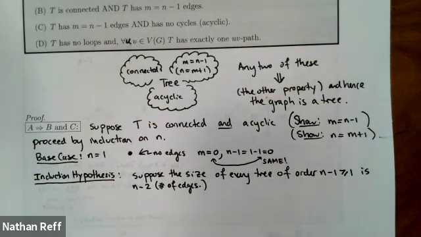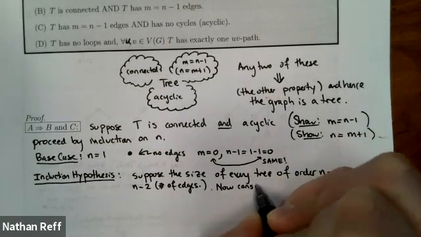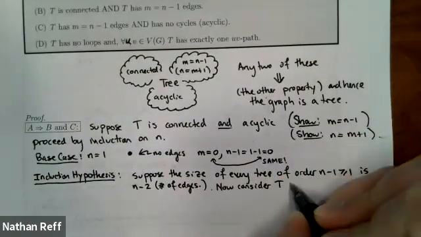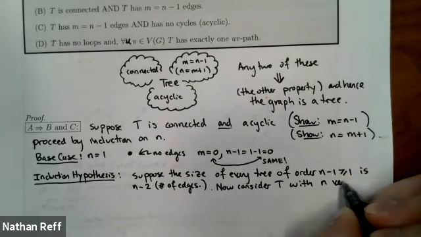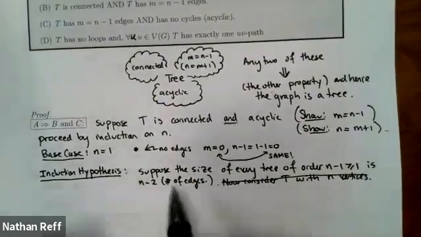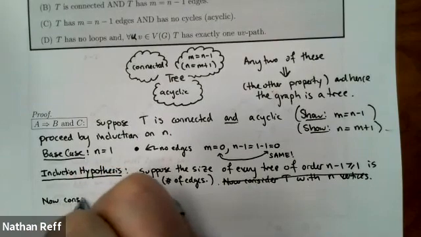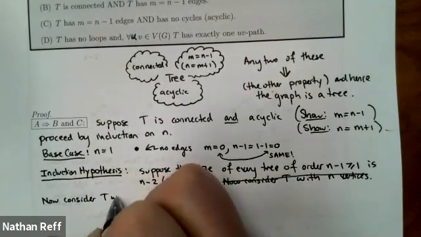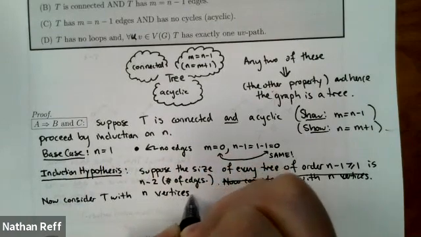Now consider T with n vertices. That's the induction hypothesis, so now consider T with n vertices.